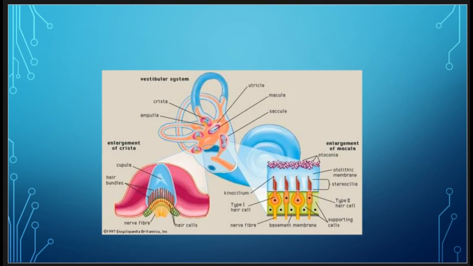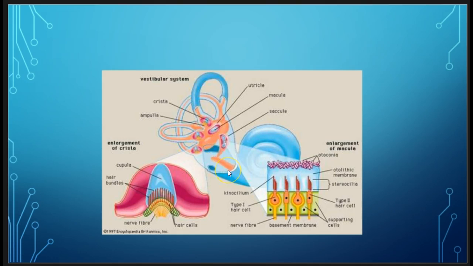So first, let's look at these semicircular canals. You can see they have various names, and those semicircular canals are going to give us a sense of space, where we are in relation to all the other objects around us and where we are in our environment.